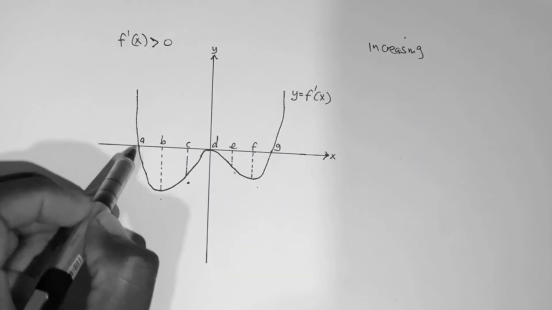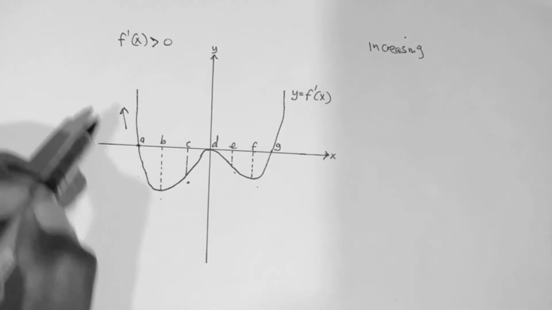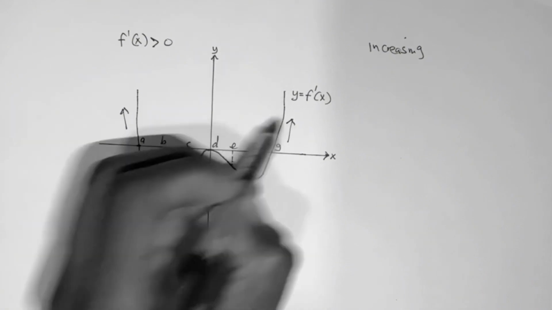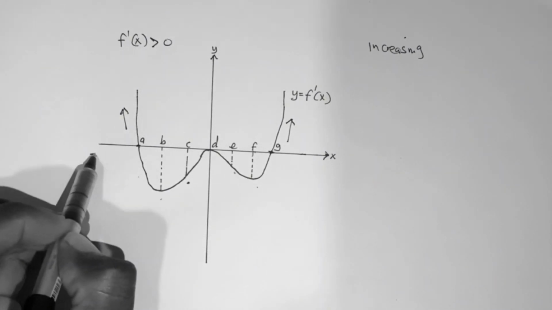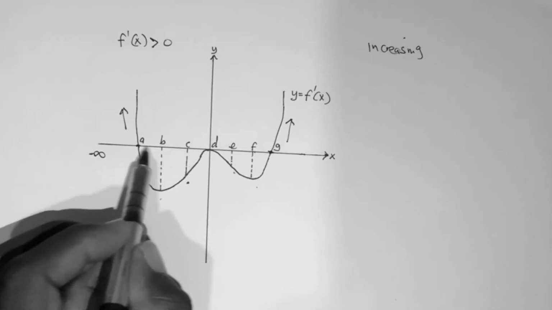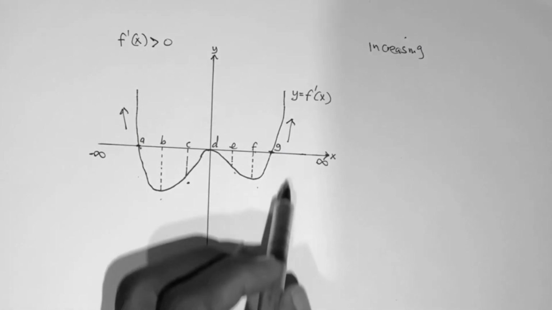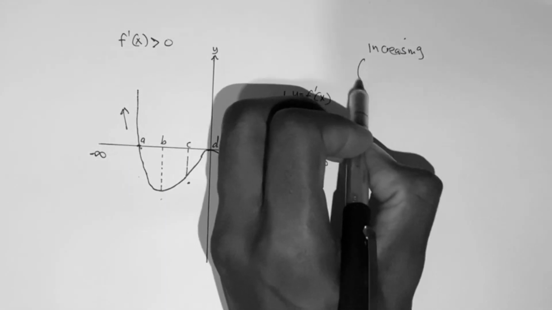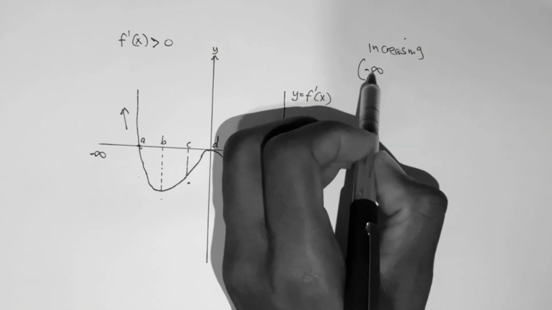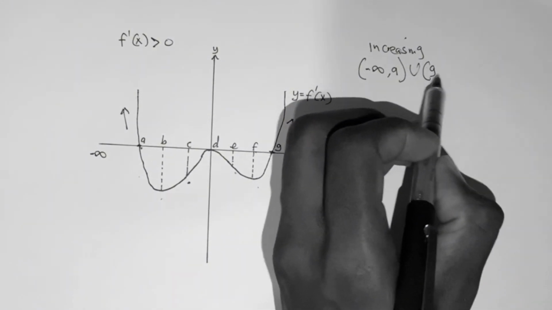You see that this interval is greater than 0, and this one too is also greater than 0. So this is from minus infinity to a, and also from g to infinity. This is the interval in which the function is increasing. So we are talking about minus infinity to a union g to infinity.